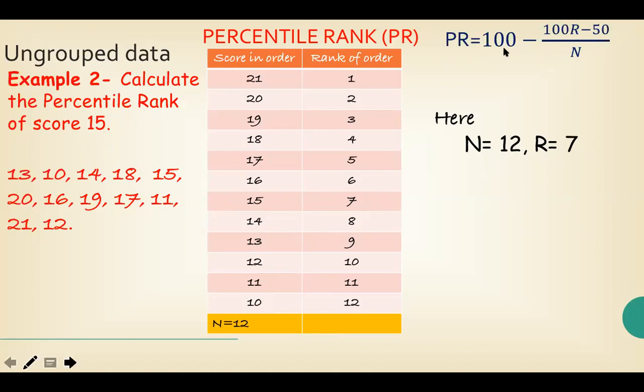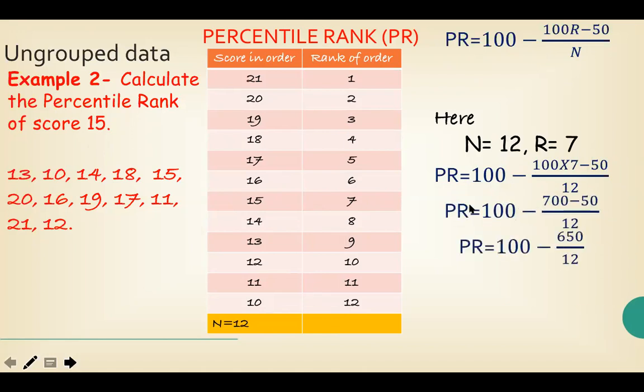Applying these in the formula, we will get 100 minus 100 multiplied by 7 minus 50 divided by 12, and the percentile rank of the score 15 came out to be 45.83.